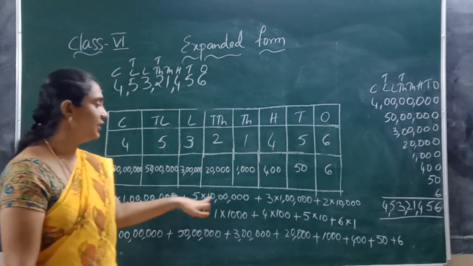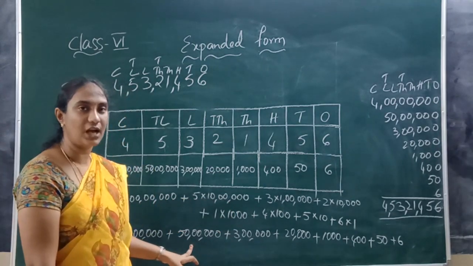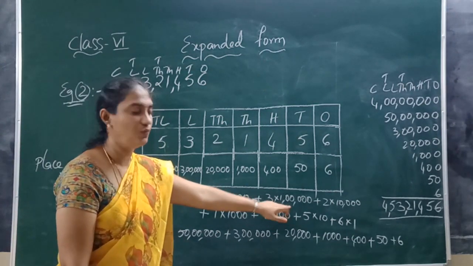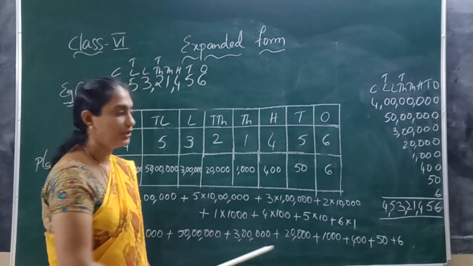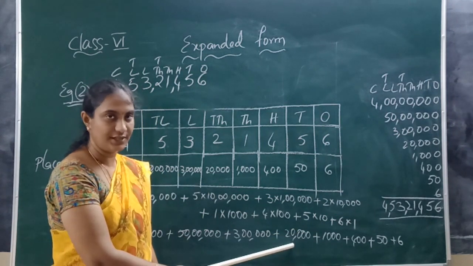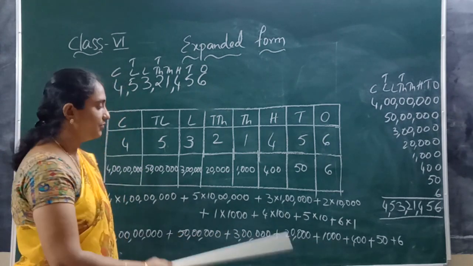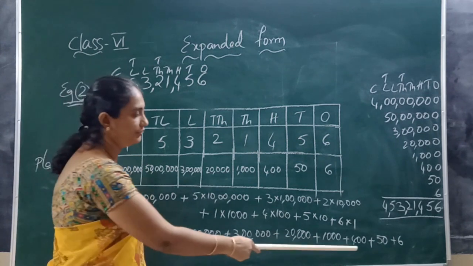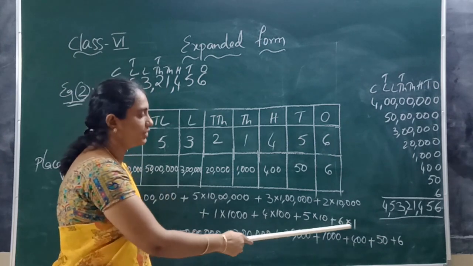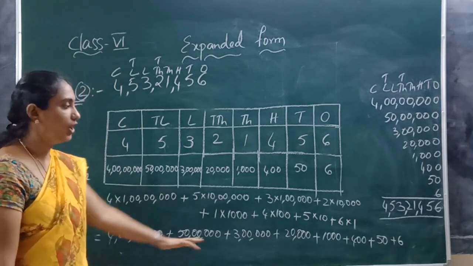Plus 5 into 10 lakhs, we got 50 lakhs. Next, 3 into 1 lakh, 3 lakhs. 2 into 10,000, we got 20,000. 1 into 1,000, we got 1,000. 4 into 100, we got 400. 5 into 10, 50. 6 into 1, 6. Okay children, now let us add all the numbers.